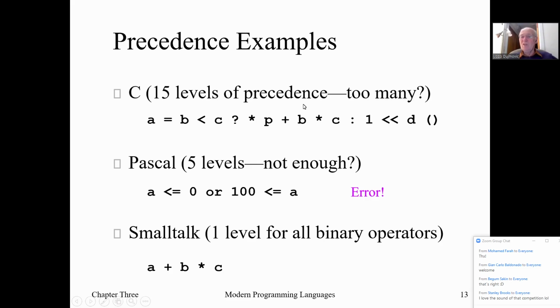So this is an arithmetic expression, and this here is some shift. And this is not unreadable, but it is obviously not a pleasure to read. So the good taste is to have around 10 levels of precedence, not more than that.